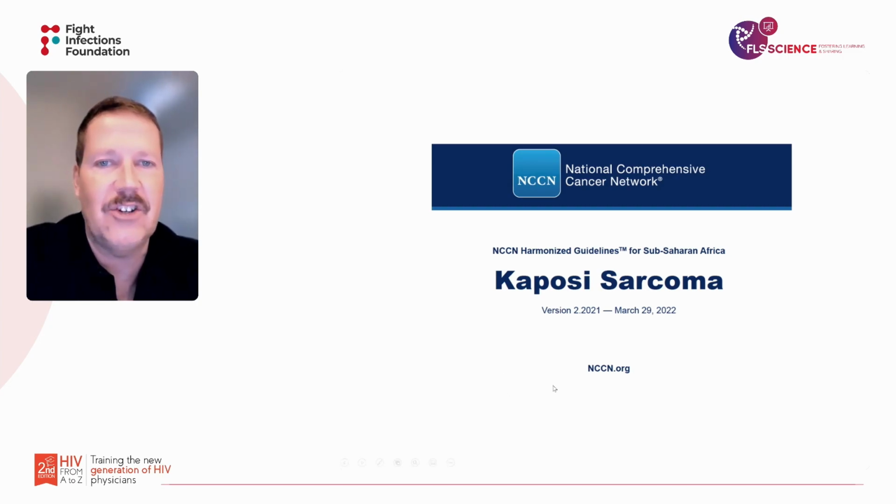There is an organization called the National Comprehensive Cancer Network, or NCCN, and they have developed what are called harmonized guidelines that are resource stratified guidelines that allow you to associate recommendations with resources that may be available to you in your setting. So this is an example of the title page for sarcoma, and within this, there's details of ways to stage, treat, and monitor these cancers.